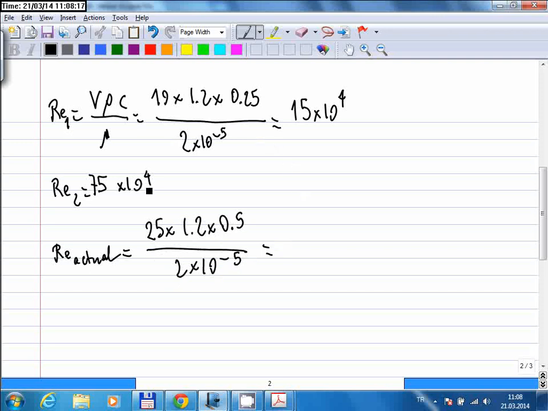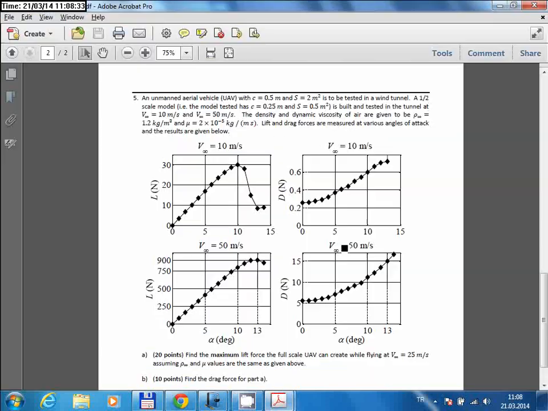And this makes 75 times 10 to the power 4, I think, right? Okay, so here we see that the Reynolds number for the actual flight is the same as the Reynolds number for the second test. So that means this data is relevant for our aircraft. So we can just ignore the first set of data because it's for a different Reynolds number.